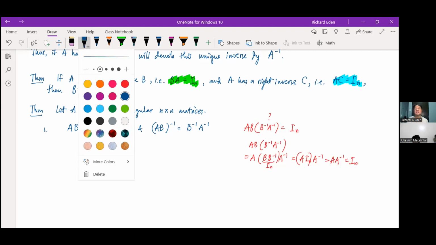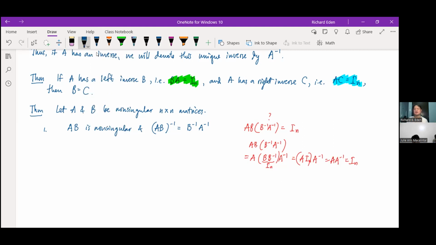The analogy I read about this goes like this. Imagine that A is, okay, put on socks, followed by B, put on your shoes.